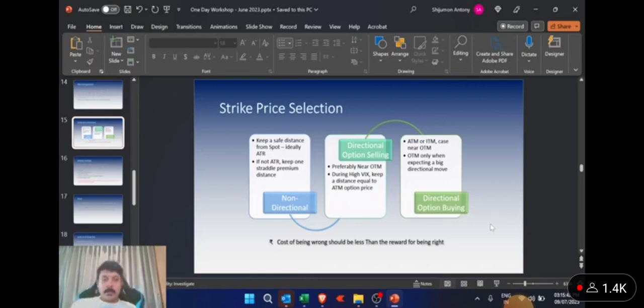Because when you select wrong strike prices, like for directional option selling, if you keep selecting far OTM options, you gain a very minimal amount while winning. But when the market is moving against you, it may give a lot of pain also, right? So depending on the situation, you need to pick up the strike price.